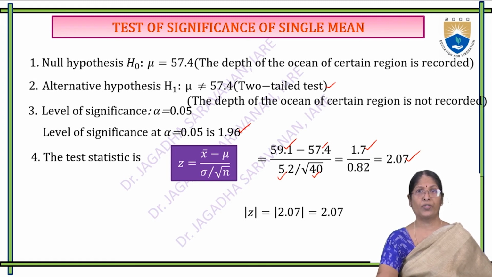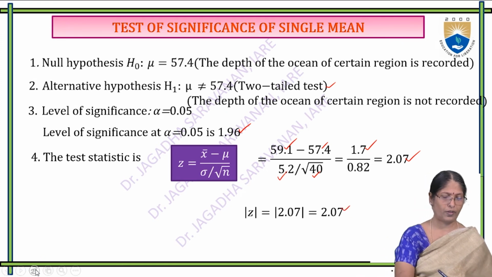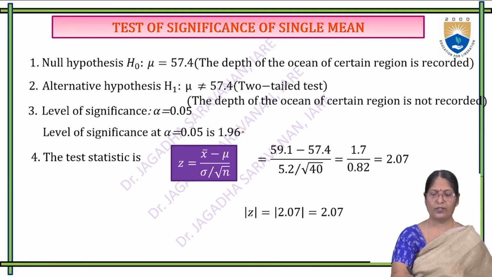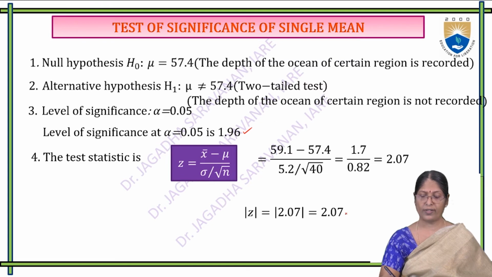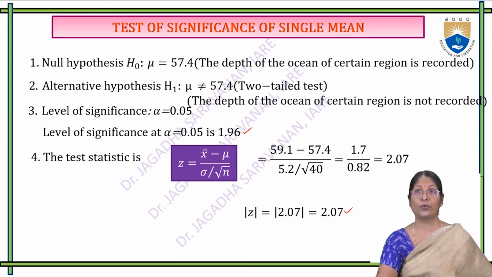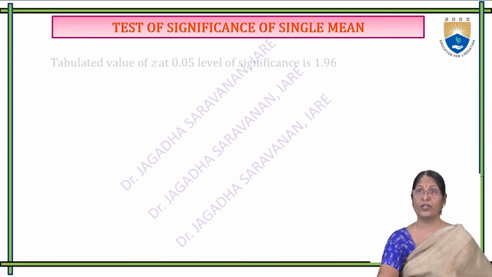The modulus of the calculated value is 2.07. Here we can notice that the tabulated value is 1.96, whereas the calculated value is 2.07. The tabulated value is less, so the null hypothesis is rejected.